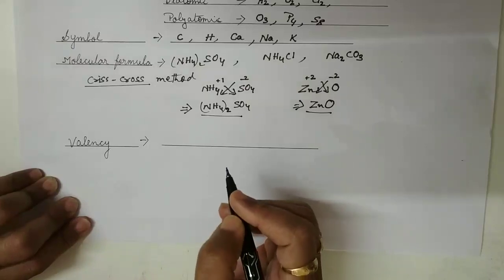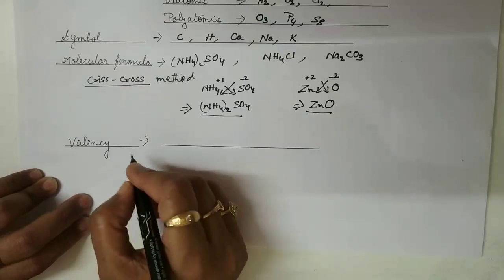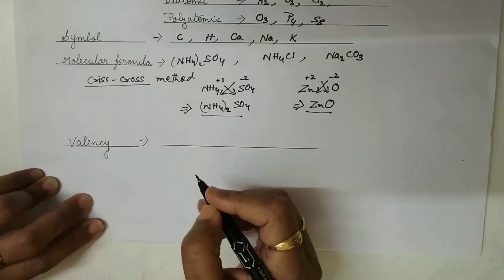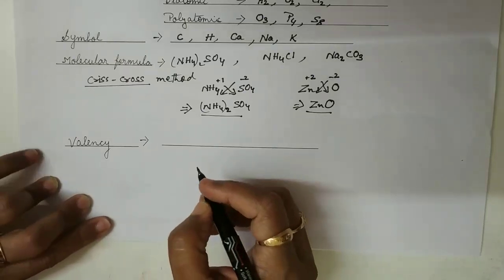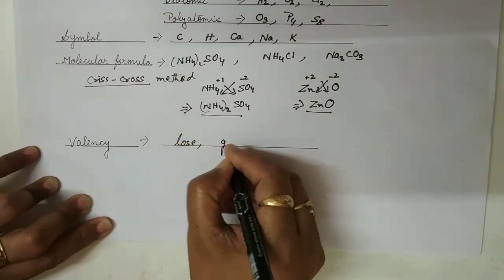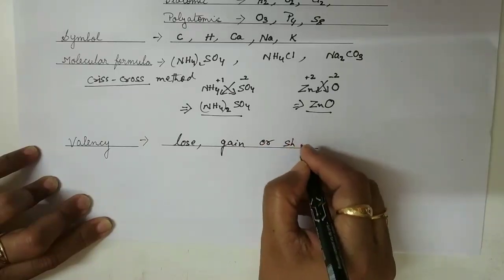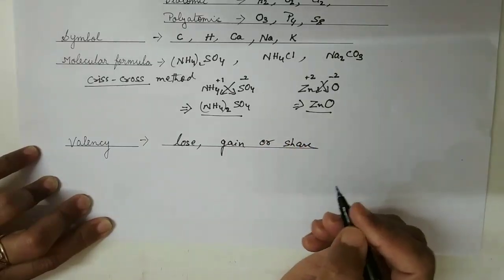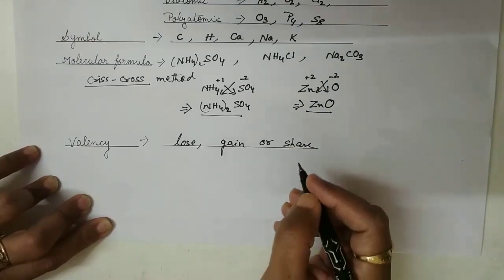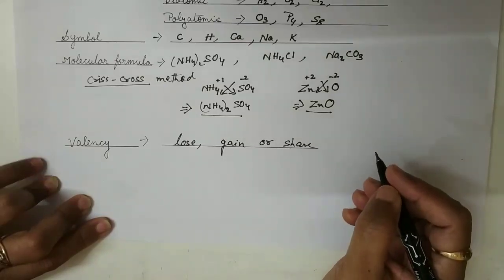But just to revise, let me take this concept once. So basically, valency is the number of electrons that an atom can lose, gain, or share during a chemical reaction.